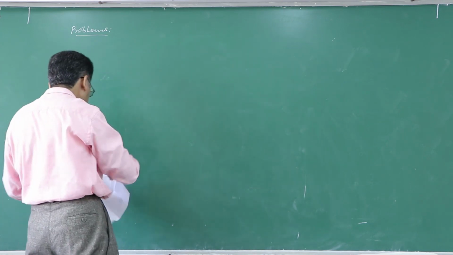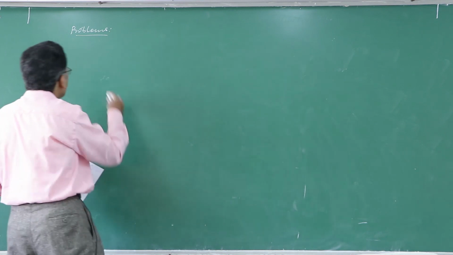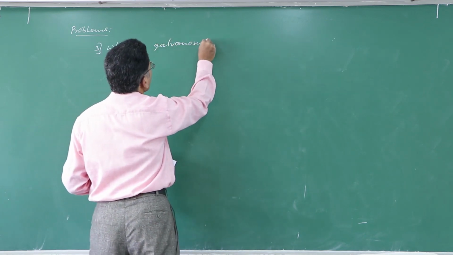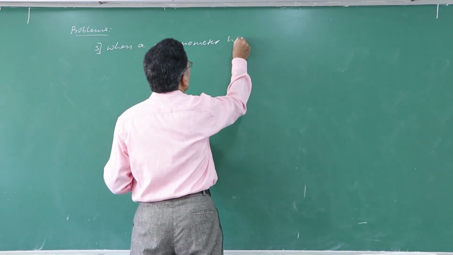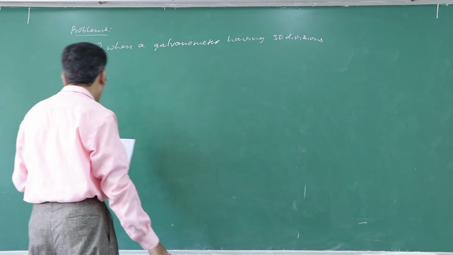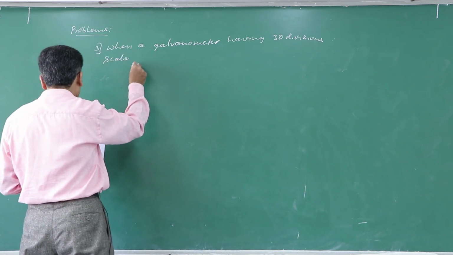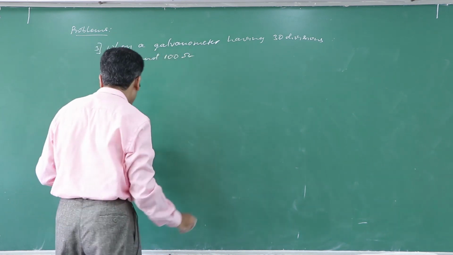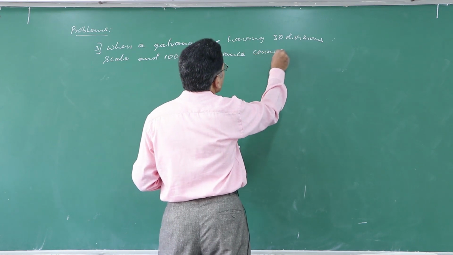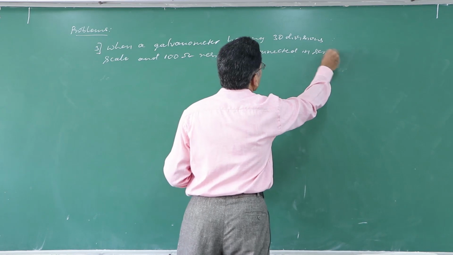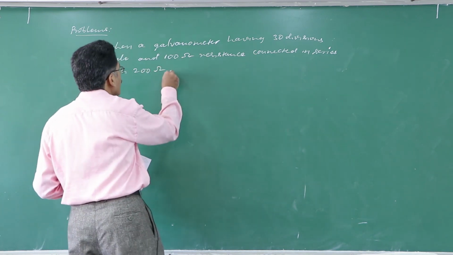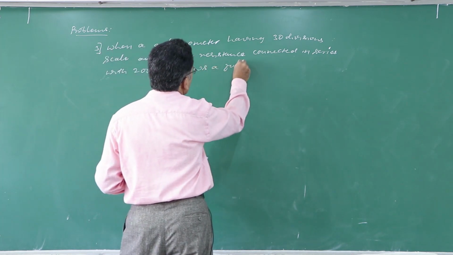Now let me take up another problem. When a galvanometer having 30 divisions on its scale and 100 ohm resistance is connected in series with 200 ohm, it shows a full scale deflection.